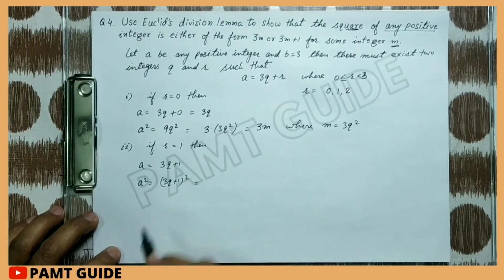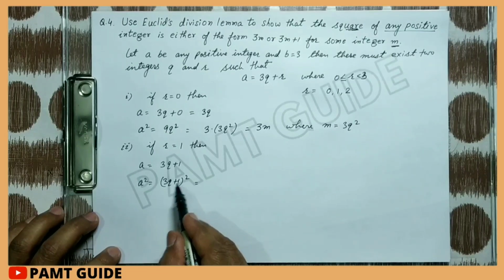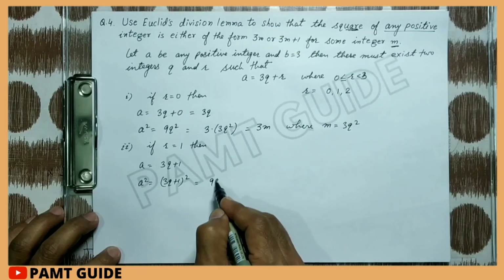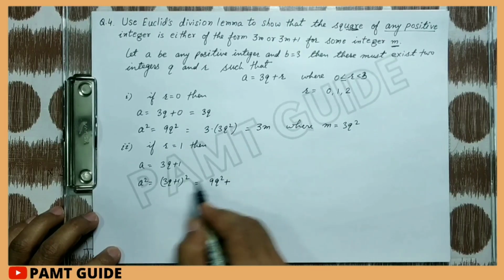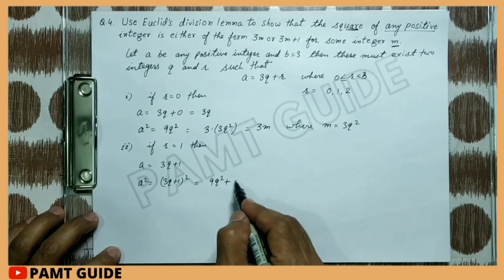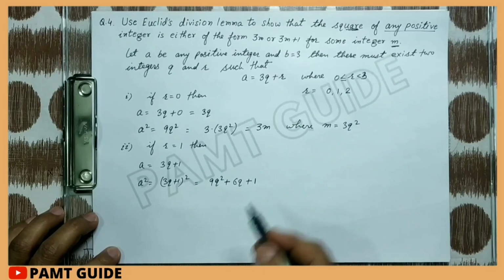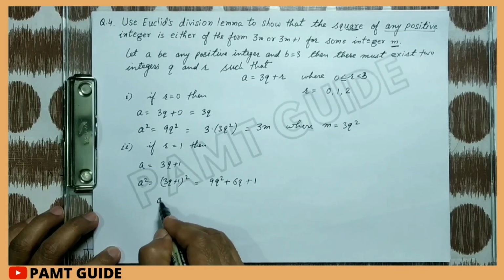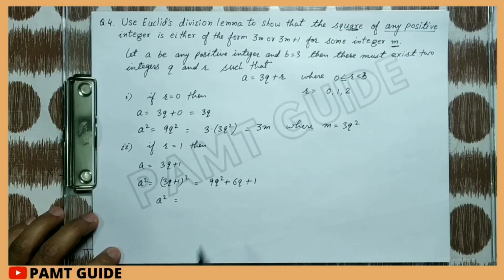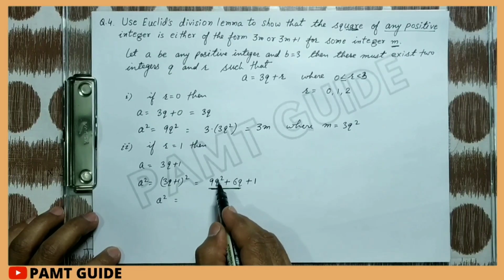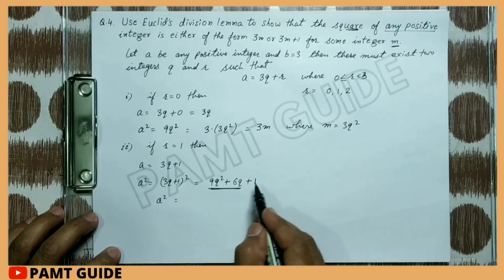Then we apply the formula a plus b whole square, so it will become 9q square plus 6q plus 1. We can take 3 common from 9q square plus 6q, but it is not possible to take 3 common from 1.